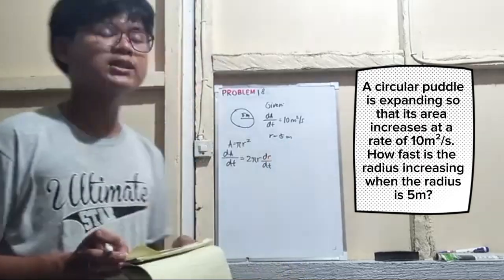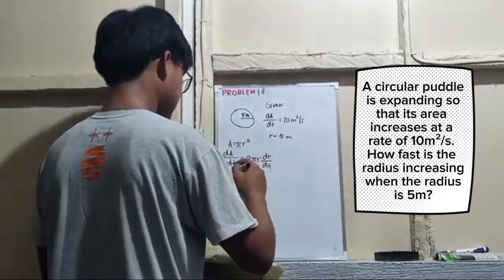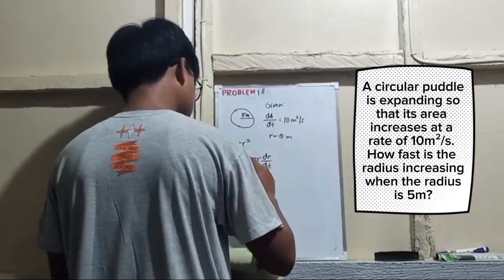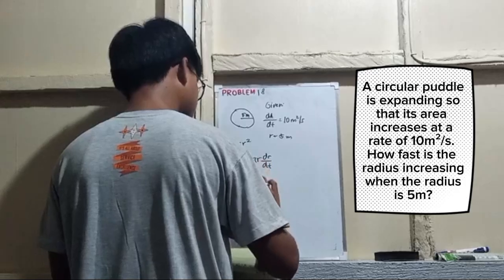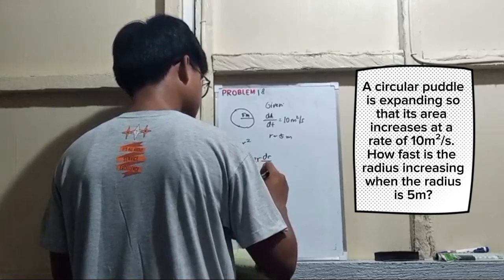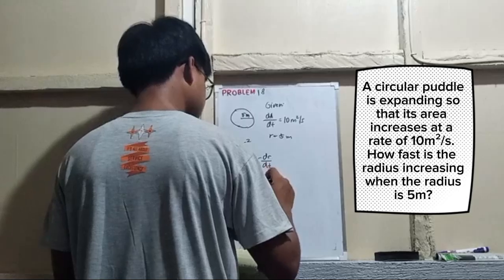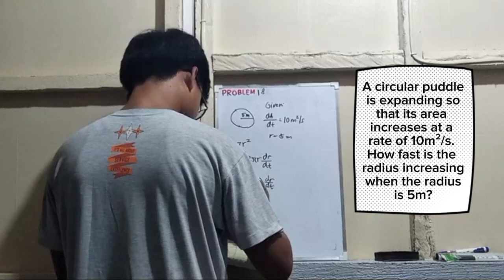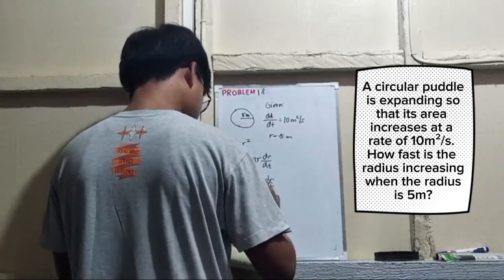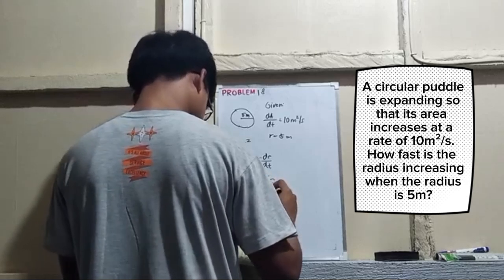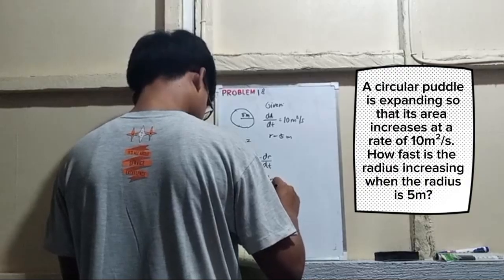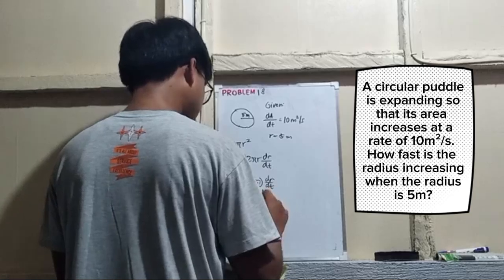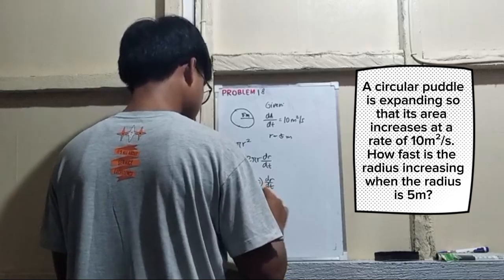So now we will substitute the given into the formula. So dA over dt will have 10 meters squared per second and our r as 5 meters, and copy the dr over dt and solve. We will have 10 pi dr over dt, then divide both sides by 10 pi, cancel.